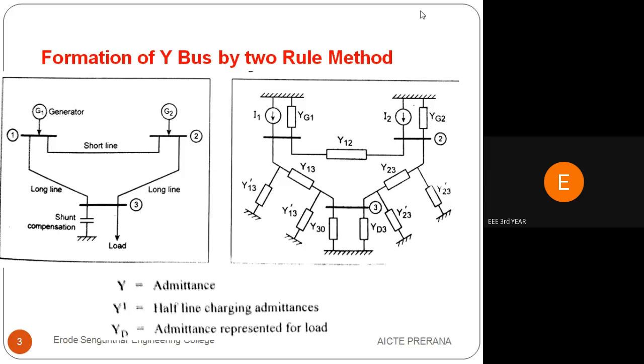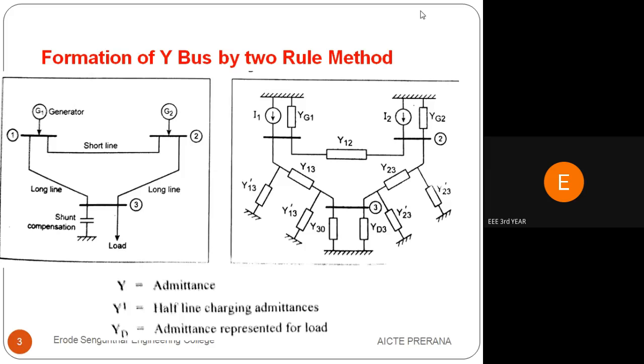Whereas all the transmission lines have a half line charging admittance, so we have to connect a half line charging admittance in shunt format. So we are connecting a shunt admittance Y13 dash for all the buses.